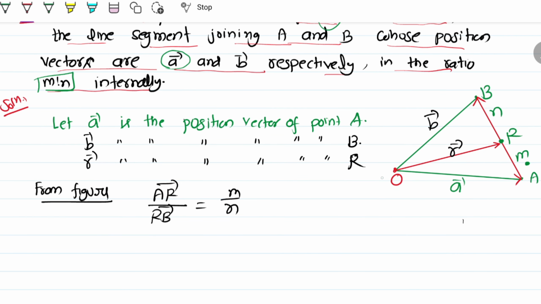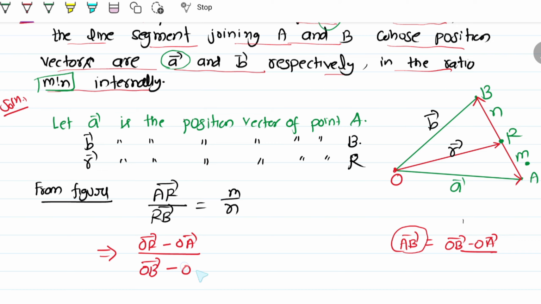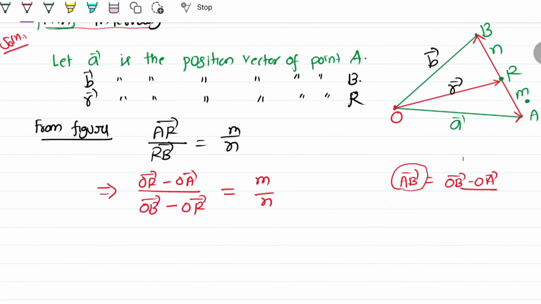You also know that if O is the origin and you want to write the AB vector, you can write OB vector minus OA vector. Similarly, AR vector is OR vector minus OA vector, and RB vector is OB vector minus OR vector, and this equals m upon n.